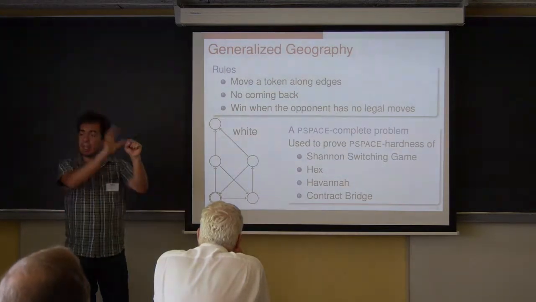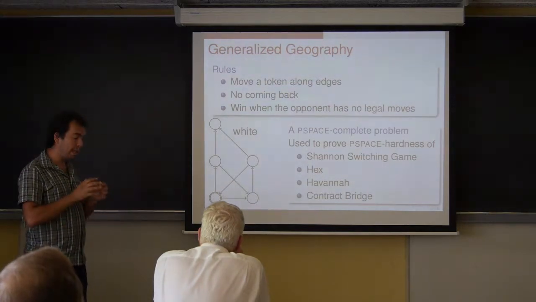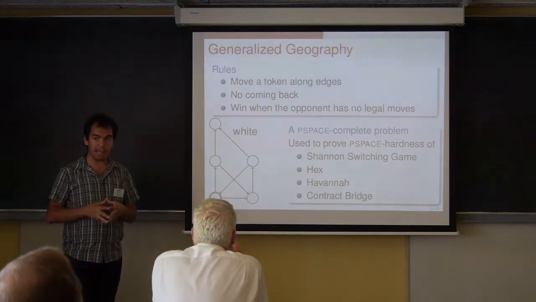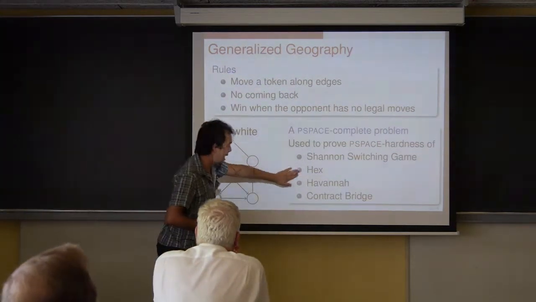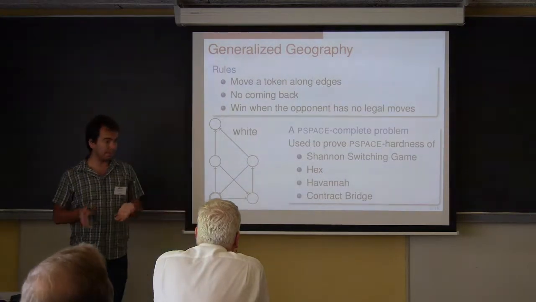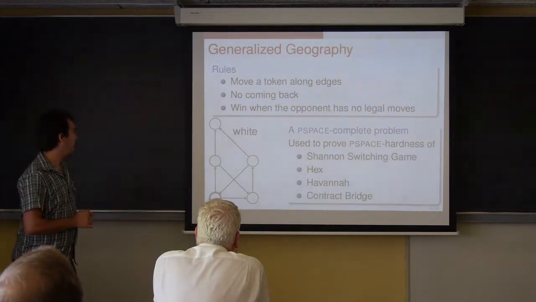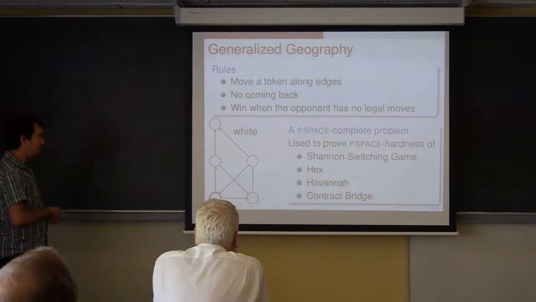Once you have shown that it's harder than this one, then you know that it's formally hard. So the one used as a base is most often generalized geography. It's been used for Hex, for Havannah, for Bridg-It, for Shannon switching games, and it has been used in Go several times.